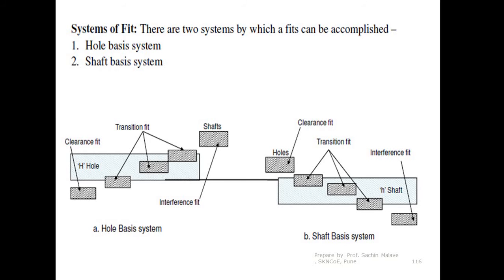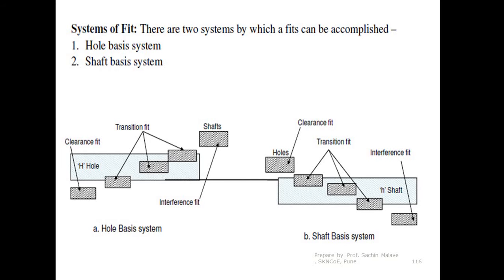In industries, hole based system is always preferred over the shaft based system, because it is easier to produce the shafts of different sizes than to produce the holes of the different sizes.